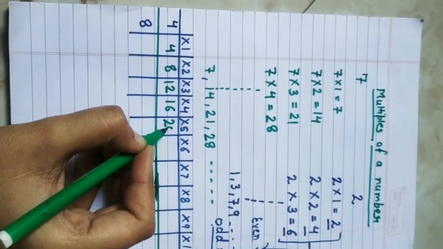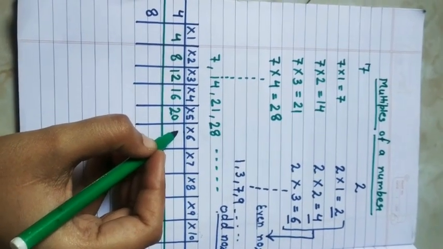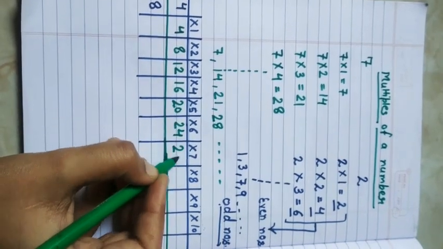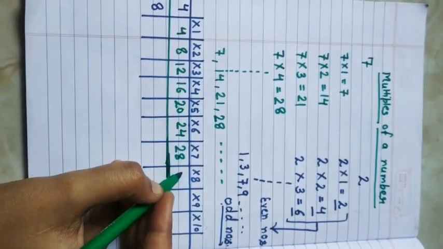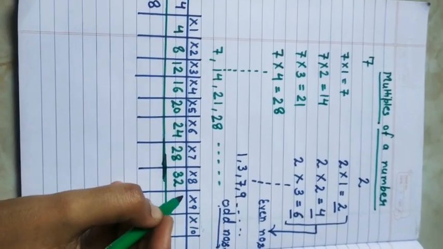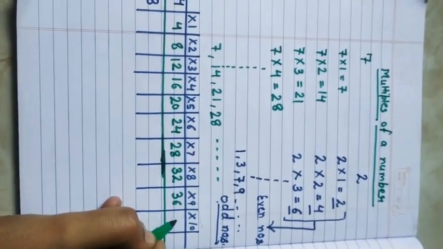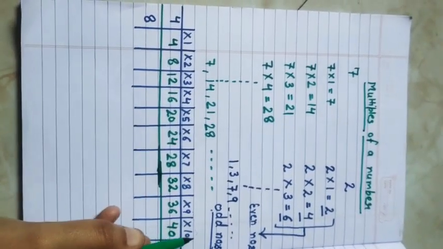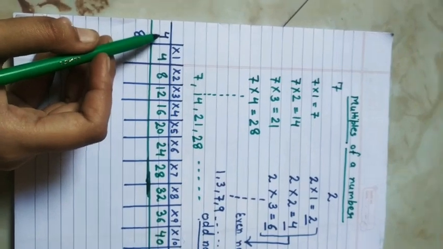Then 20, 24, 28, 32, 36 and 40. So these are the first 10 multiples of 4.